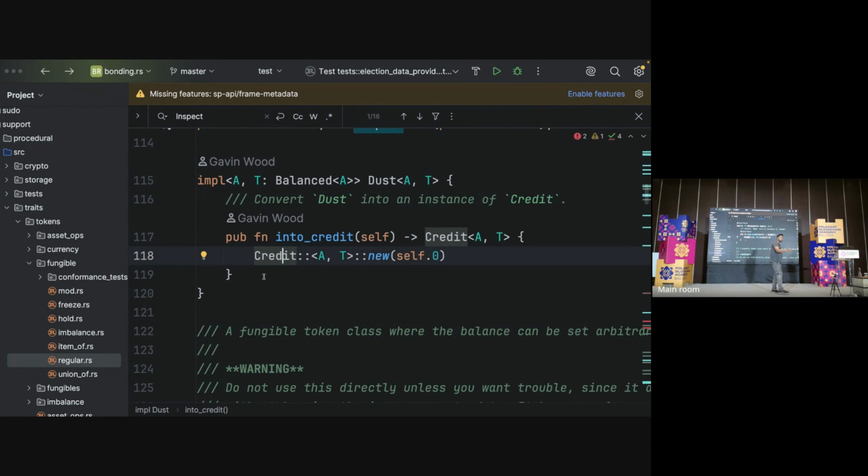One example I could give is in pallet staking, if your pallet does some hold and can slash it. When you slash it, it creates an imbalance, so the system is in credit. Now this credit, either you can drop it, or in slashing, part of it, I think, goes to the treasury.